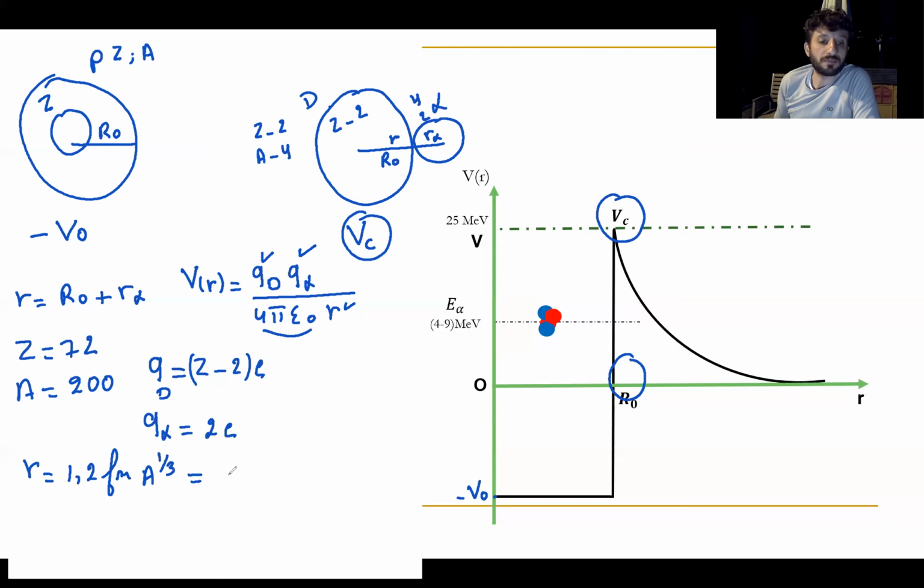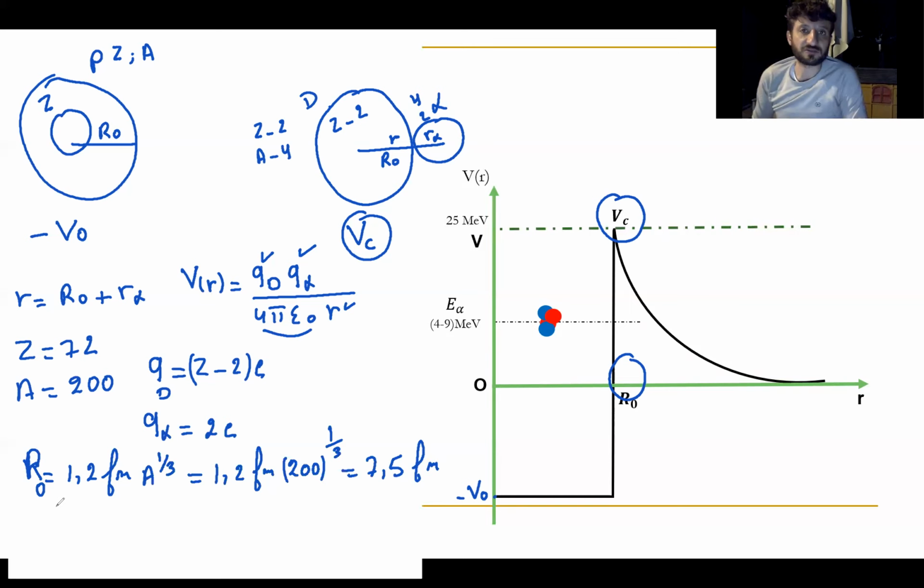We can put the value of A, which is equal to 200, power 1 over 3, and we get here 7.5 femtometer. This is R0, the radius of the nucleus.